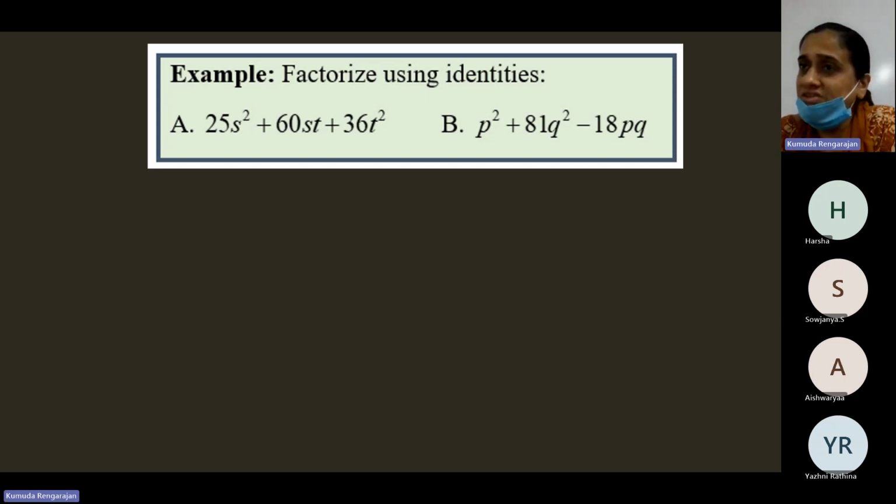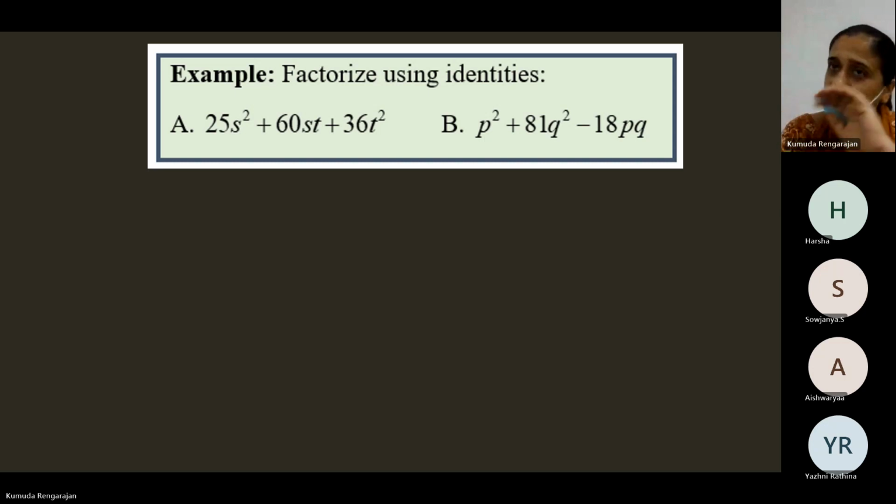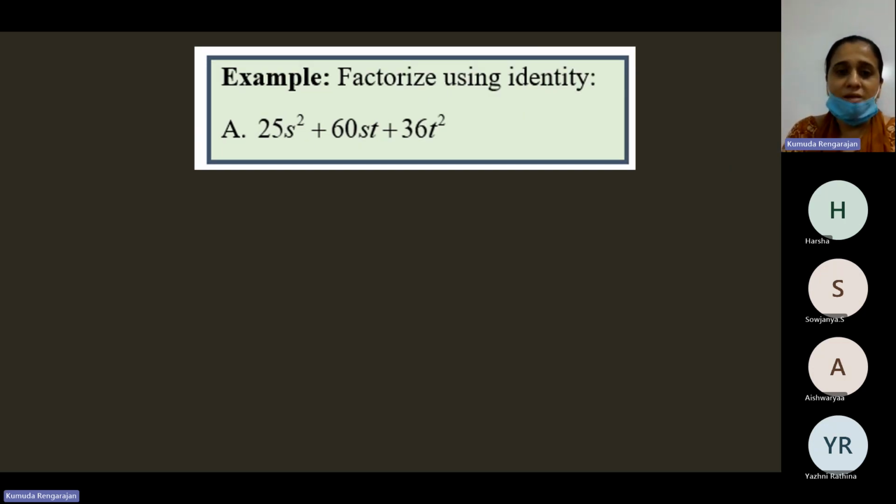So if the expression has 6 terms, we gather 3 and 3 terms, and take out the common factor. So now this is factorizing using the algebraic identities. All right. I have nothing to explain here because we've completed this chapter earlier. You can help yourself.